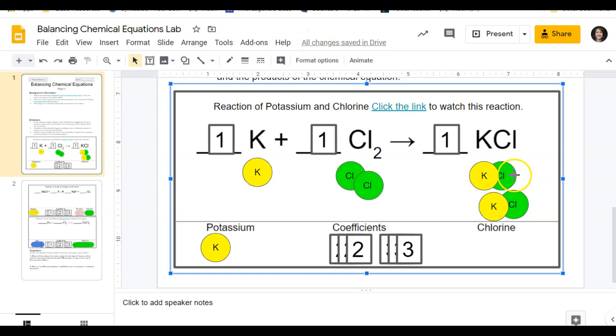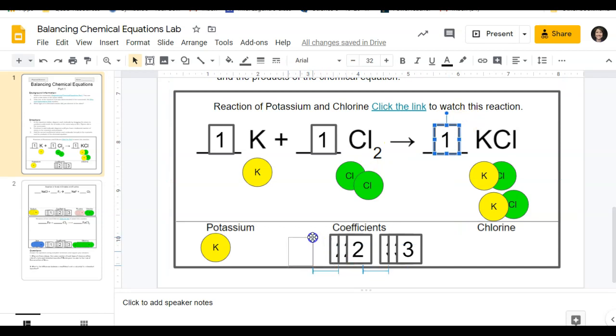That gives us 2 chlorine on this side and 2 chlorine on this side. But only 1 potassium on this side and 2 potassium on this side. Also, this coefficient is now a 2, isn't it?